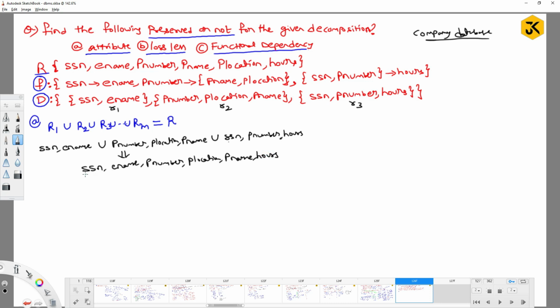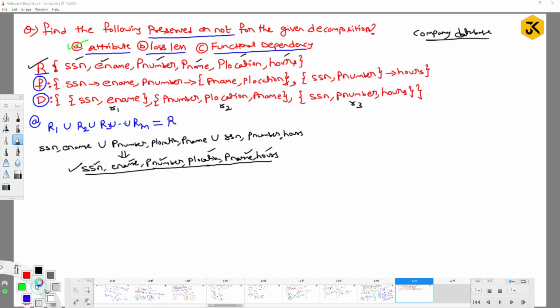So this is the set of attributes you get when you perform the union operation over R1, R2, and R3. Now, is it equivalent to the actual relation? Try to check. SSN is there, ename is there, P number is there, P name is there, P location is there, and hours are there. As all are available, I can say that the first one is attribute preserving.